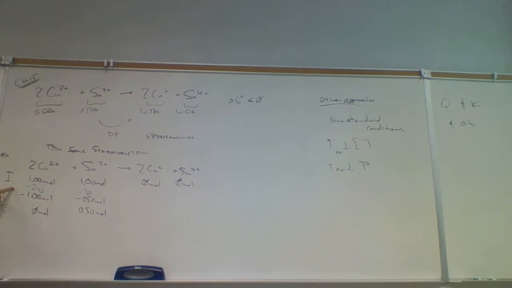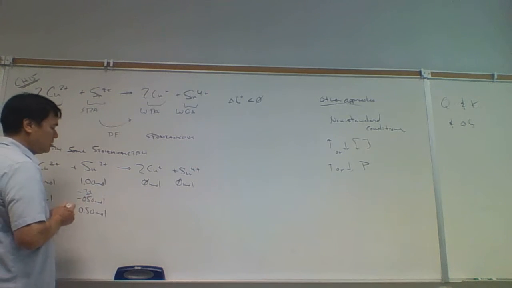And we do that based on the coefficients here because the coefficients are 2 to 1. And so this is how I look at the change. And so if 2y is 1.00, then y must be half of 1.00, which is 0.5. And so if I lose that, then I gain that.